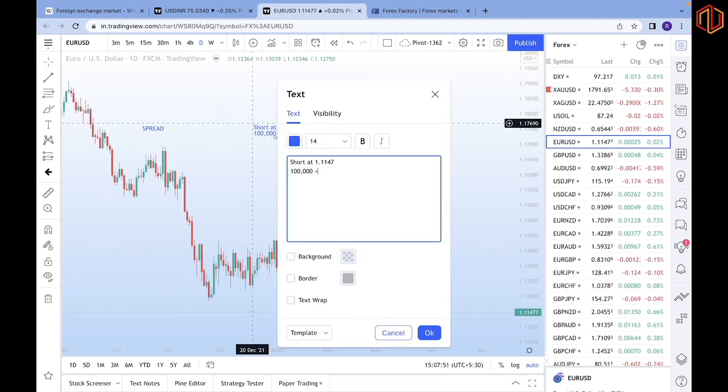Okay, because that is equal to one lot. So let's say we have taken a short of one lot, which is about 100,000 USD.